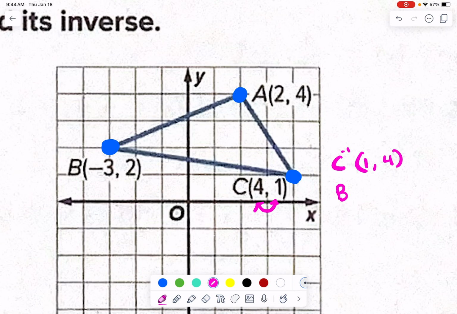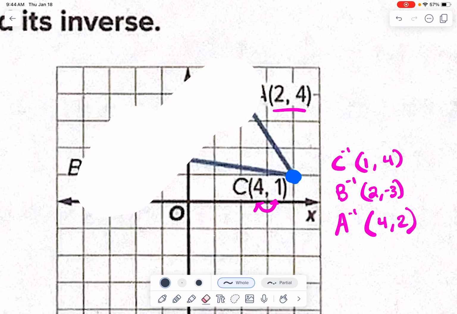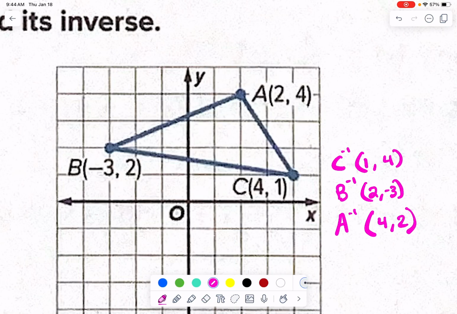I'll do B inverse. Instead of negative 3, 2 will be 2, negative 3. And then A inverse will be, instead of 2, 4, will be 4, 2. And let's graph those guys and we'll see what it looks like on the graph. Let me get rid of all these other points here. Okay, so let's graph those 3 points. So 1, 4, this is where C inverse is.